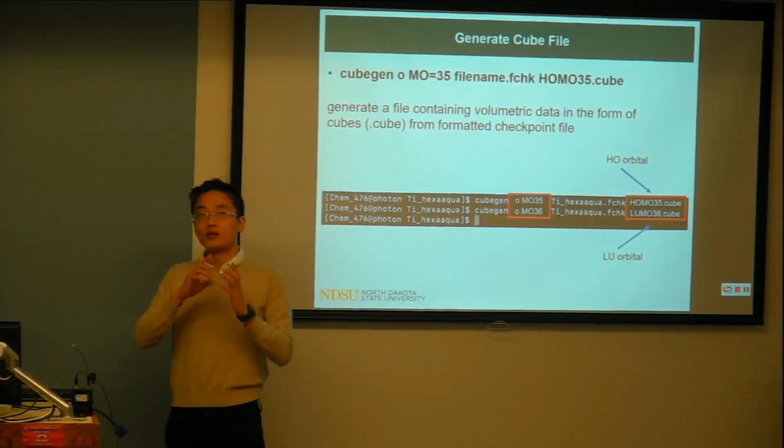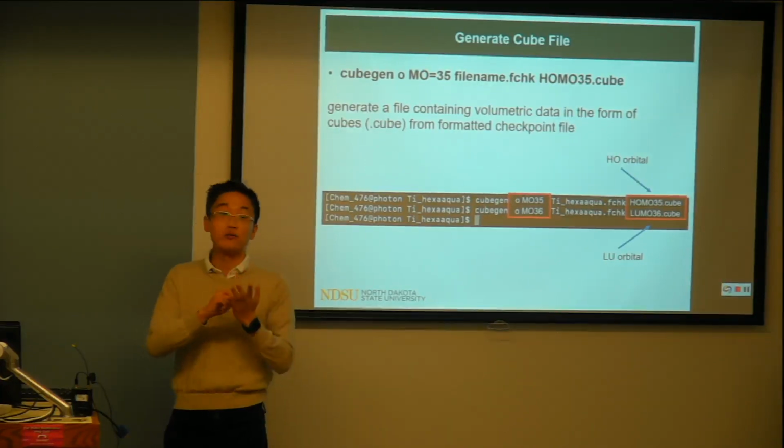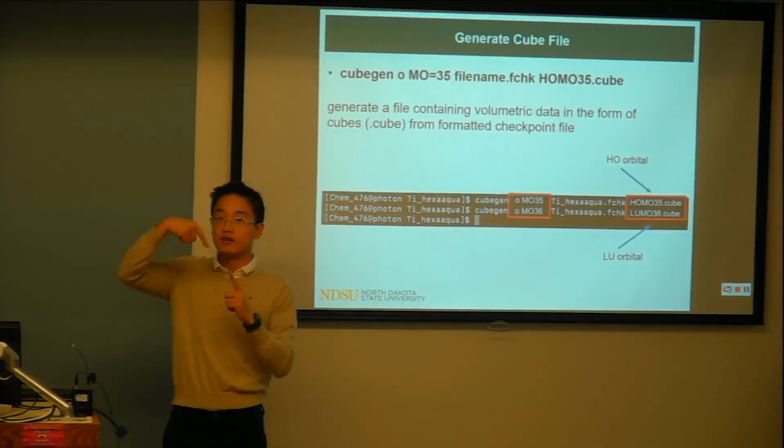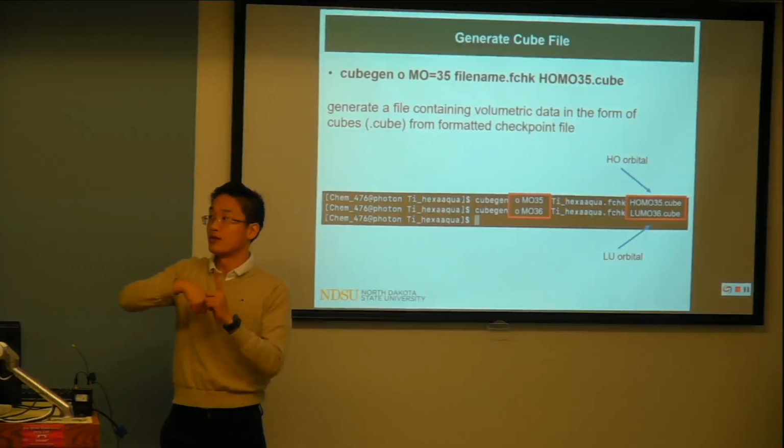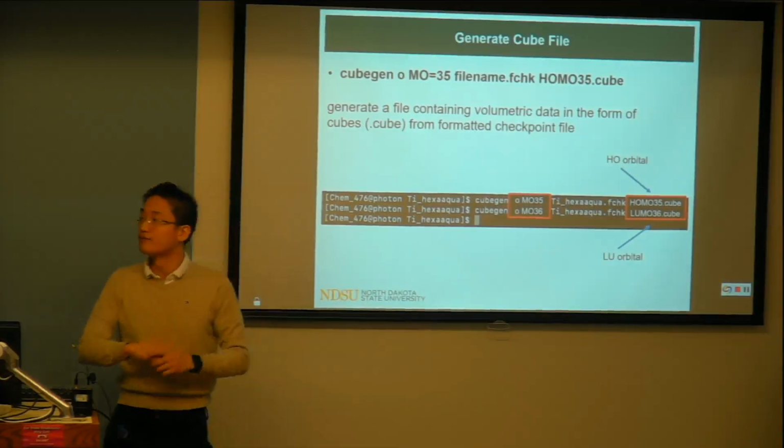Okay. So if we just put the A before the MO, it will show the alpha, or we can say just show the spin up. If we change to the beta, it will show the spin down. Can you illustrate it with your last slide?